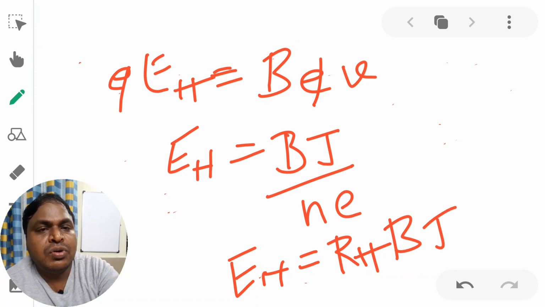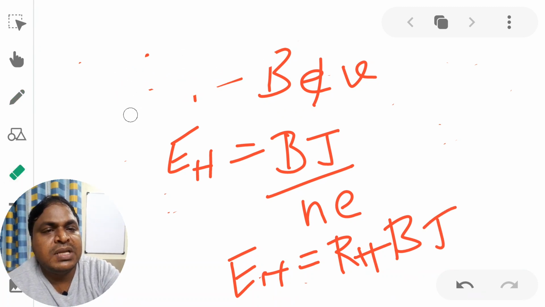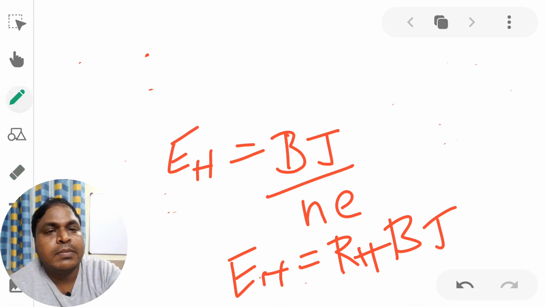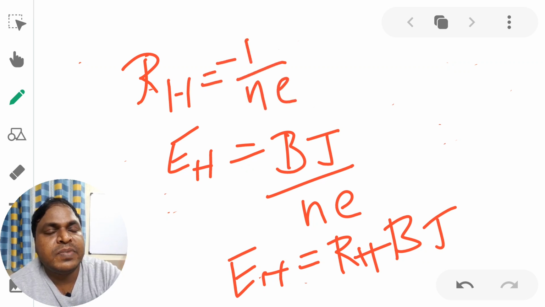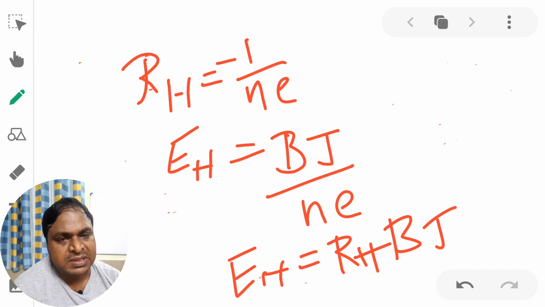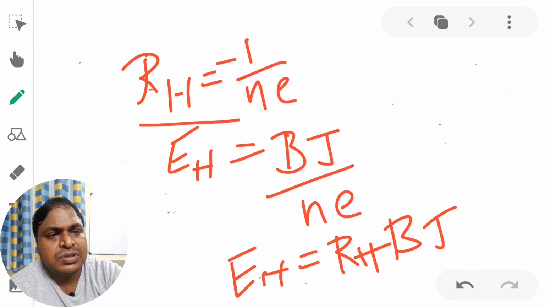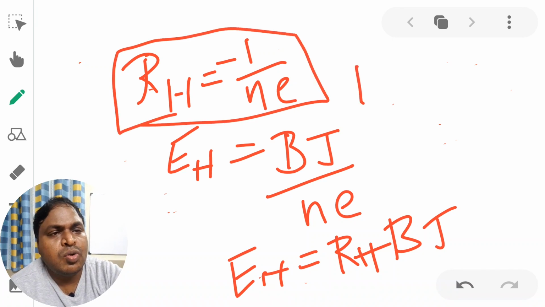Okay, so RH is nothing but the Hall coefficient. RH is equal to minus 1 by Ne. Okay, minus represents the negative charge of electron. So this is your Hall coefficient.